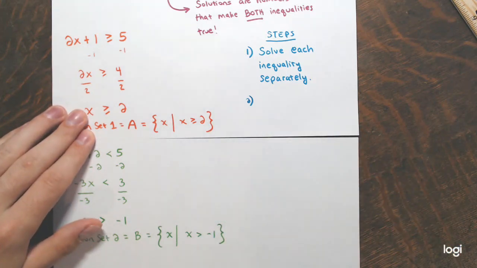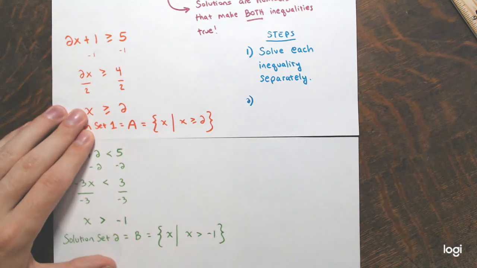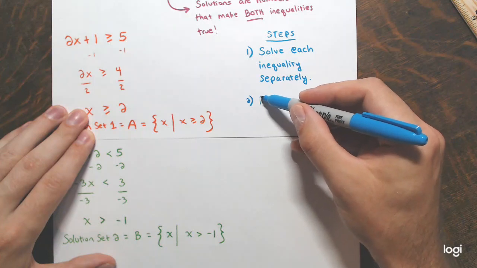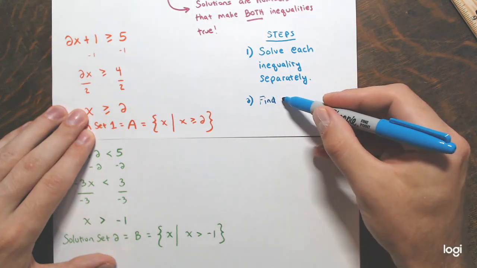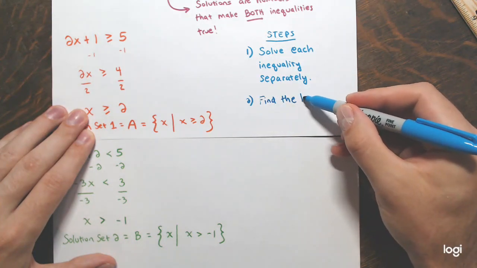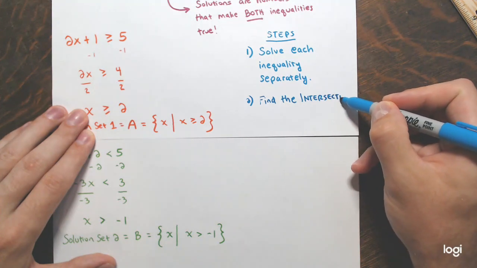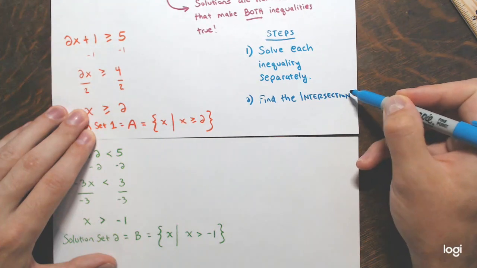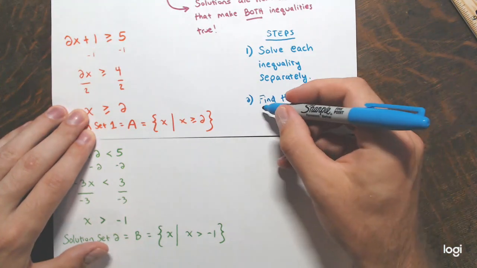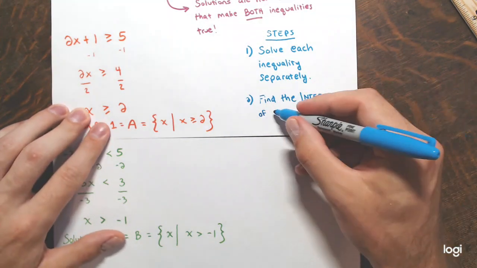If you watched that video on intersections, when you see the word "and," you should immediately be thinking of the intersection of two sets. So then we're going to find the intersection of the solution sets.